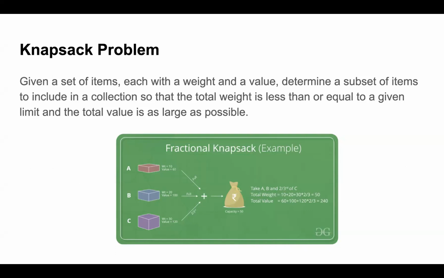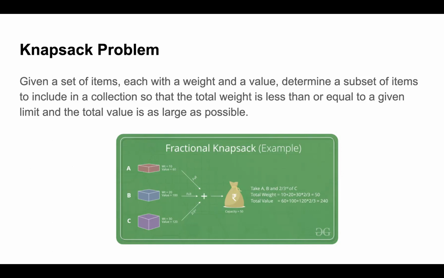Desired weight of the knapsack means, here you can see in the diagram that A, B, C, three are the items. A is one item, B is another, and C is the third one. And the capacity of this knapsack we can see here, that sack type of thing shown, that is nothing but the knapsack. We have to put these items in the knapsack. That is our problem, that is our scenario.